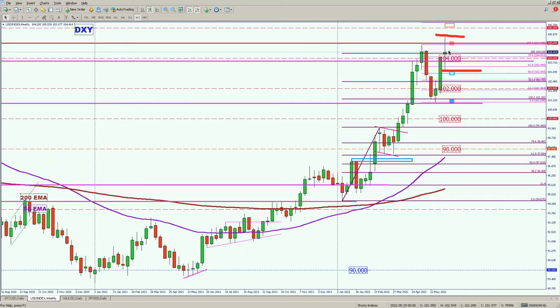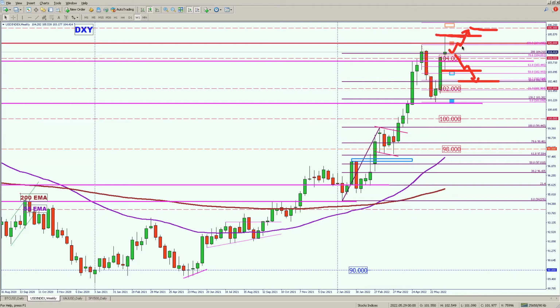So unless there's some new news from the Fed chair's testimony on Wednesday and Thursday, it's unlikely that it's going to break out higher to hit the 106 for now. Otherwise, it's going to be unusual if it did fall through the support or the low of last week.